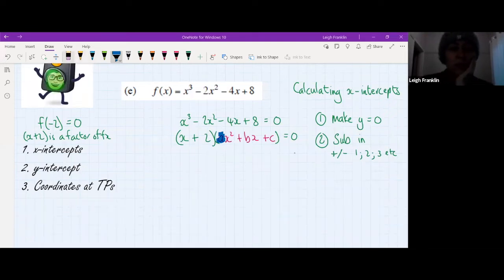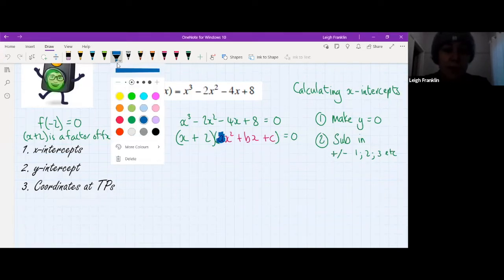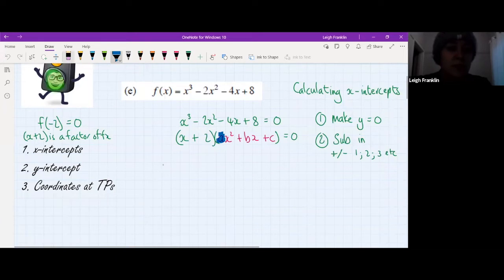Okay, so if we're doing it by the inspection method that we were talking about last time, we are looking at the first term in the first bracket and the first term in the second bracket. In other words, we are multiplying these two together to get this term up here.